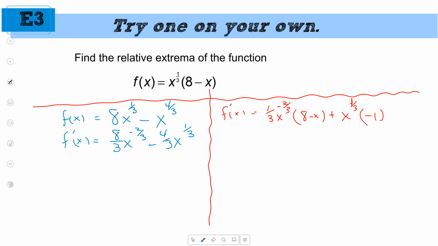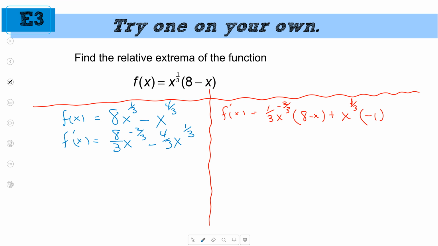Hey, quick refresher. Critical numbers come from where the derivative is equal to 0 and where it's undefined. I wouldn't multiply it out. Is that the derivative?